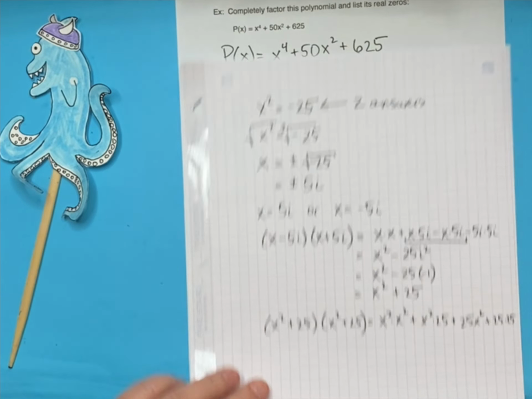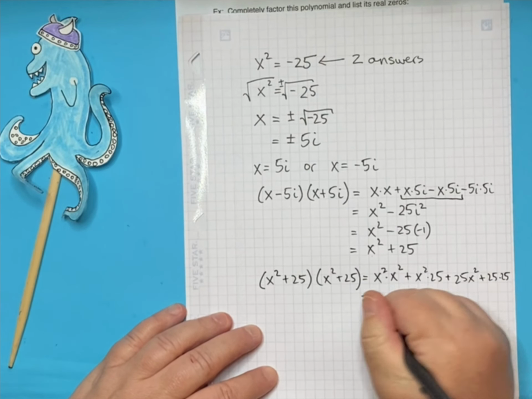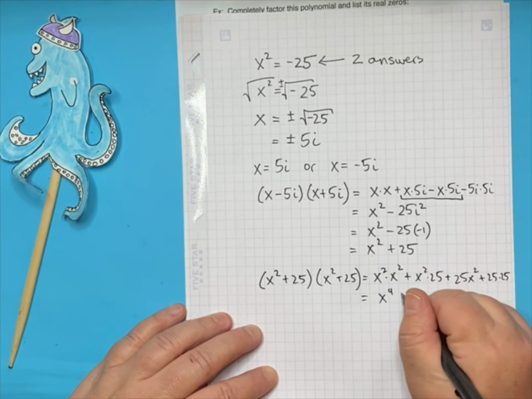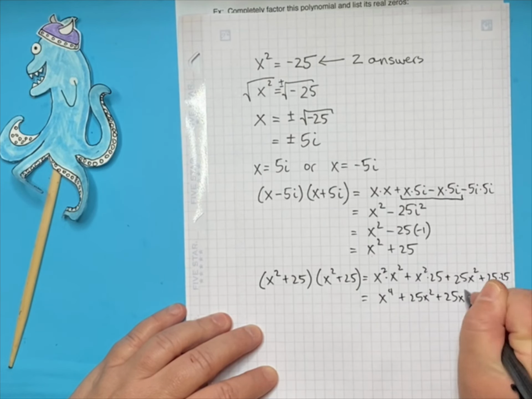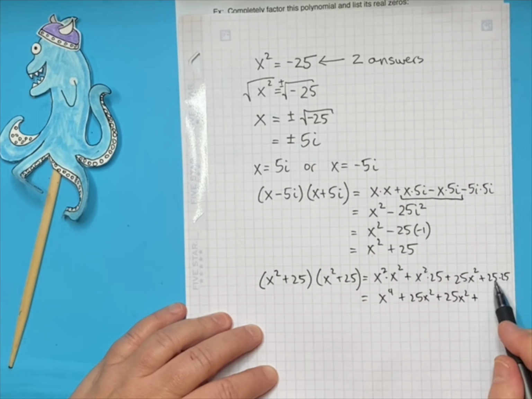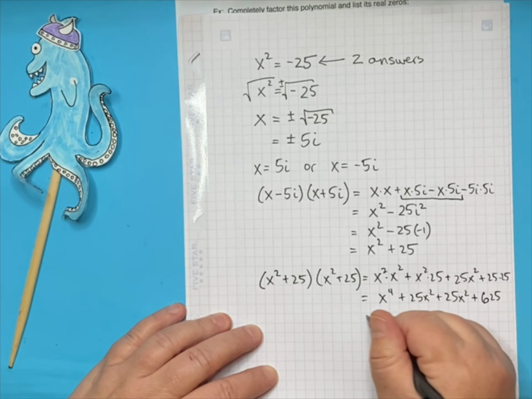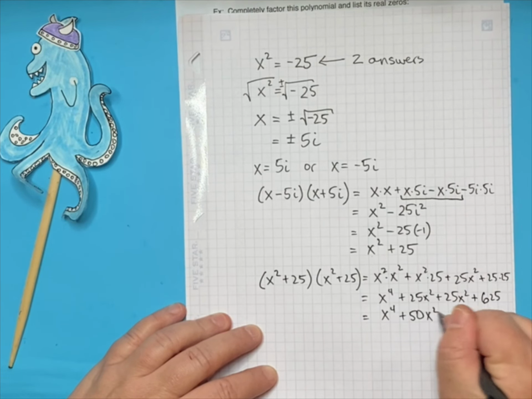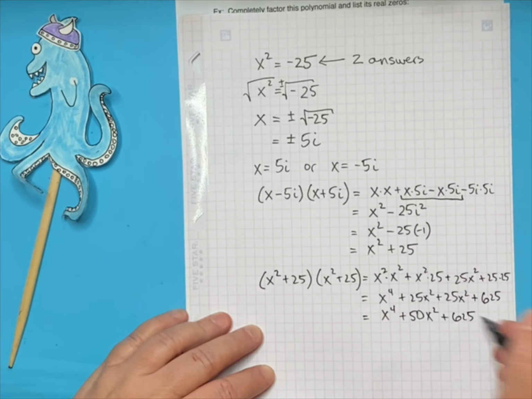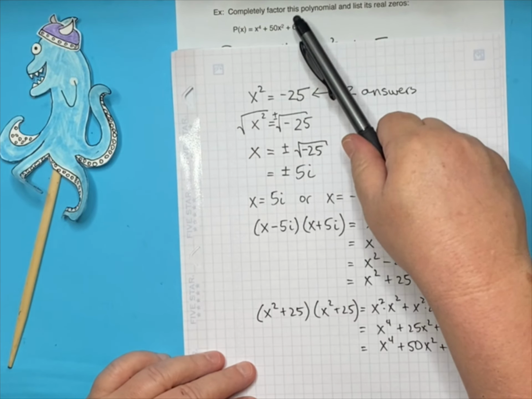I almost ran out of room there. Okay, so that's x to the 4th plus 25x squared plus 25x squared plus 25 times 25 is 625. So we've got x to the 4th plus 50x squared plus 625. That's our original polynomial.